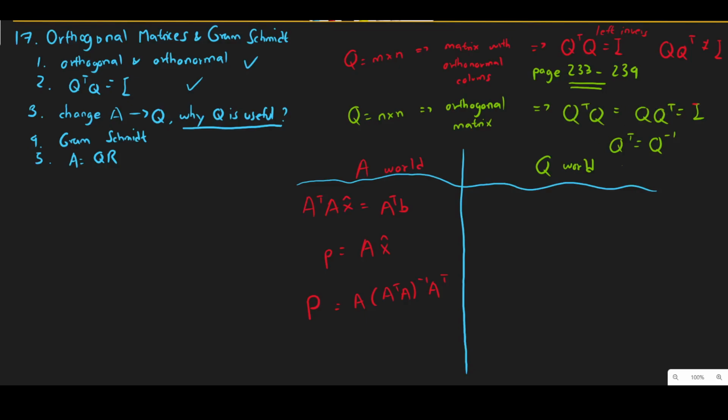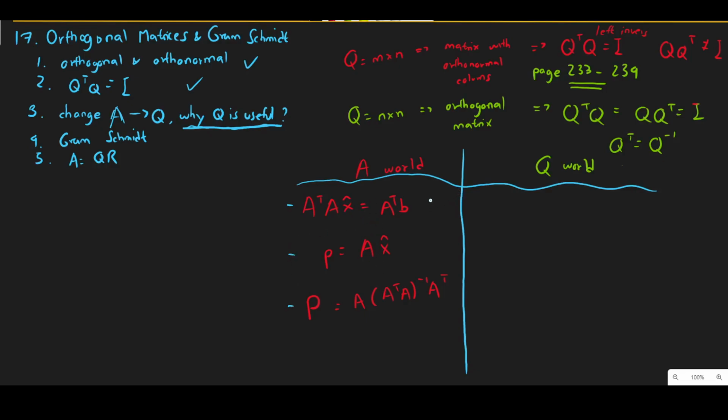So let's move on to our third point, 3. We want to talk about why Q is useful. Let's change all the A into Q. Let's bring up all three favorite equations from the previous review, this one and this one and this one, about the projection.